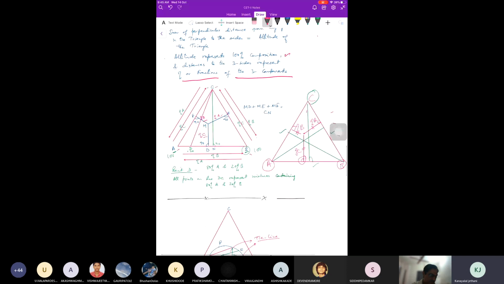Okay, so if I take any point D, this is say 0.2 है, so that means it is 0.2 or 20% B and 80% A. And all points on DC, ये जो vertical line draw किया, represent mixture containing 80% A and 20% B. So if I take anything here, it is 20% B and 80% A. So that is how the equilateral triangle is used for representing the ternary LLE.